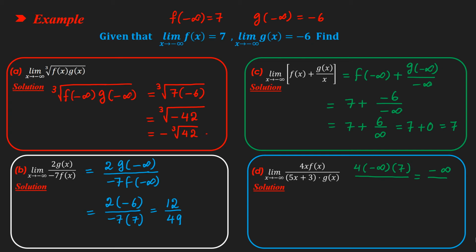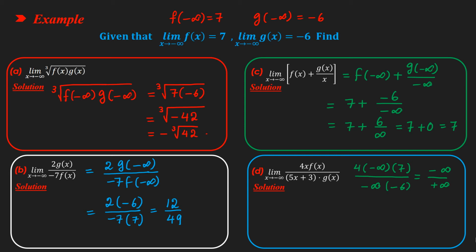When you replace x by negative infinity, you will get negative infinity in the polynomial 5x plus 3 multiplied by g of negative infinity, which is negative 6, so we have plus infinity in the denominator. So we have negative infinity over infinity, and this is an indeterminate form, so you have to work to find the answer of this limit. Basically in this limit you have to use the separation procedure.